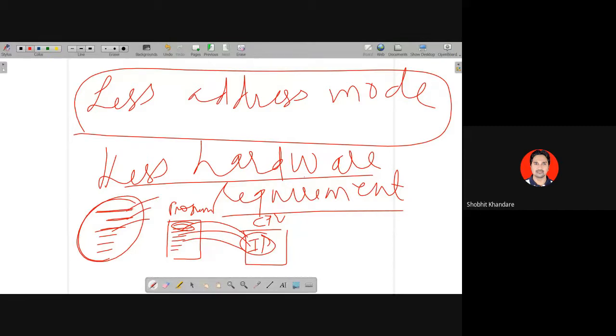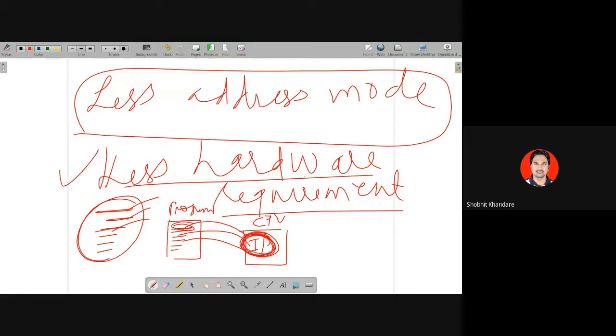So instruction decoder में जो हम decoding करते हैं वो कम लगता है, because the instructions are simple, and these simple instructions will have simple binary code.